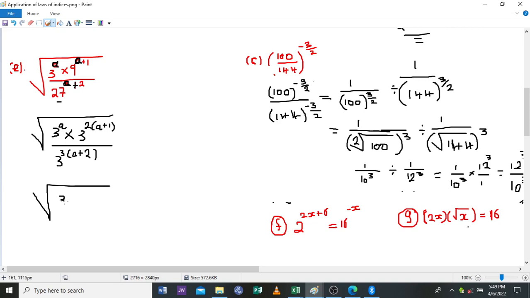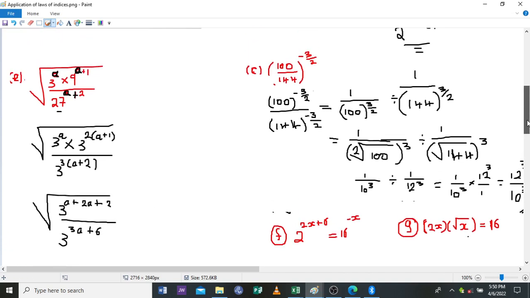Now remember, since the bases are equal, we add the powers, a plus 2a, when we multiply 2 times a, then plus 2 times 1, that's 2, over. Now here we're going to have 3 to the power 3a, over 3 to the power 3a plus 6. Good. So this is what we got.